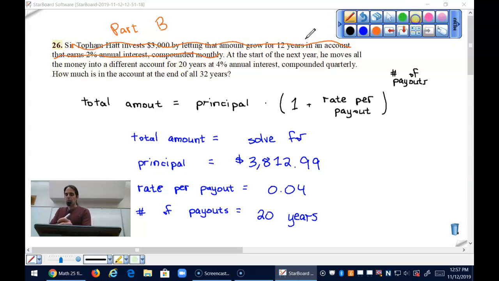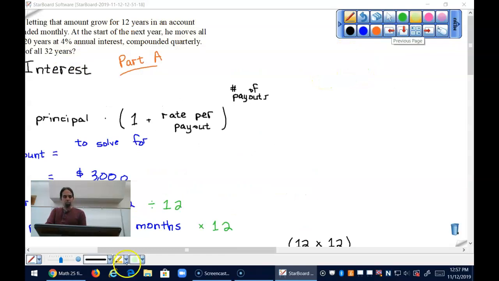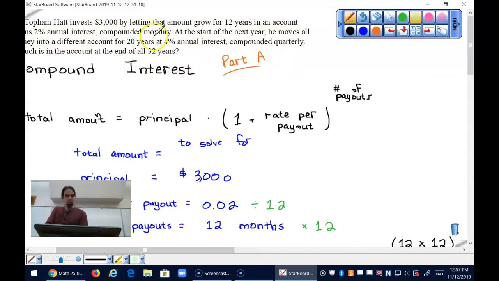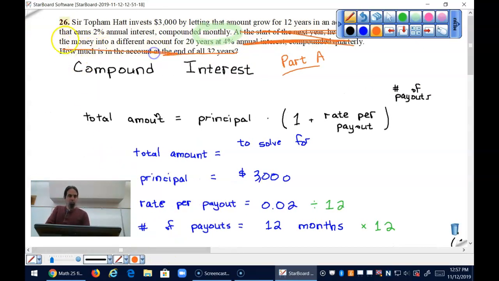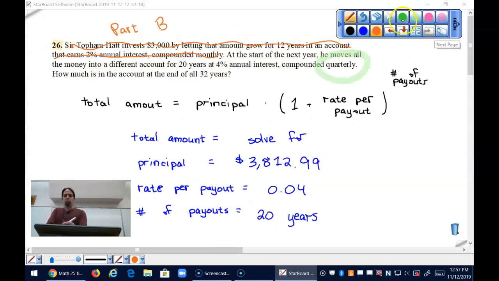This time, the compounding happens quarterly. Last time it was monthly, so we had a whole bunch of stuff that was times 12 and divided by 12. This time it's quarterly, so instead of 12s, we need 4s. The 4% per year, now we only deal out into 4 piles. March, paycheck happens.